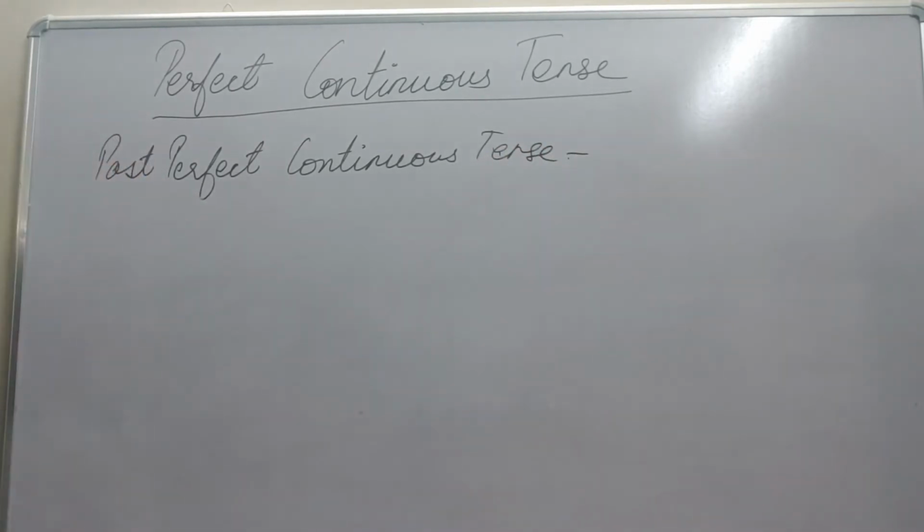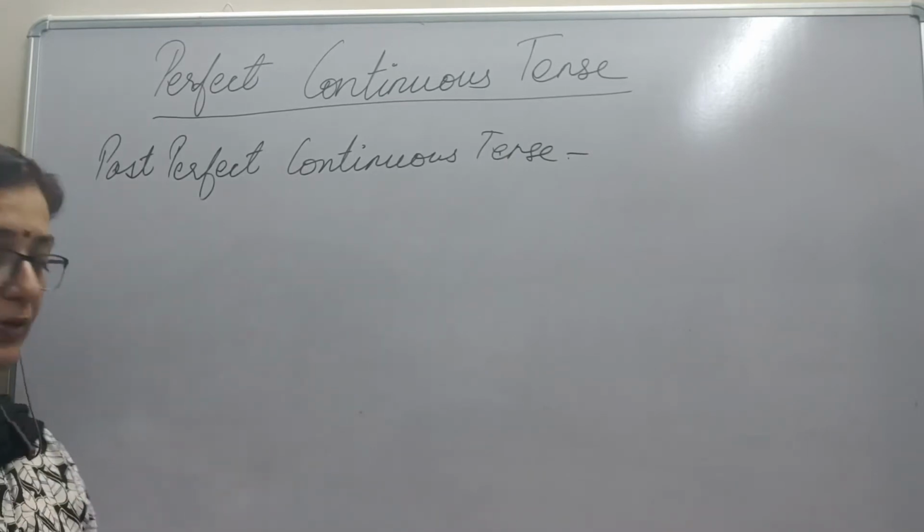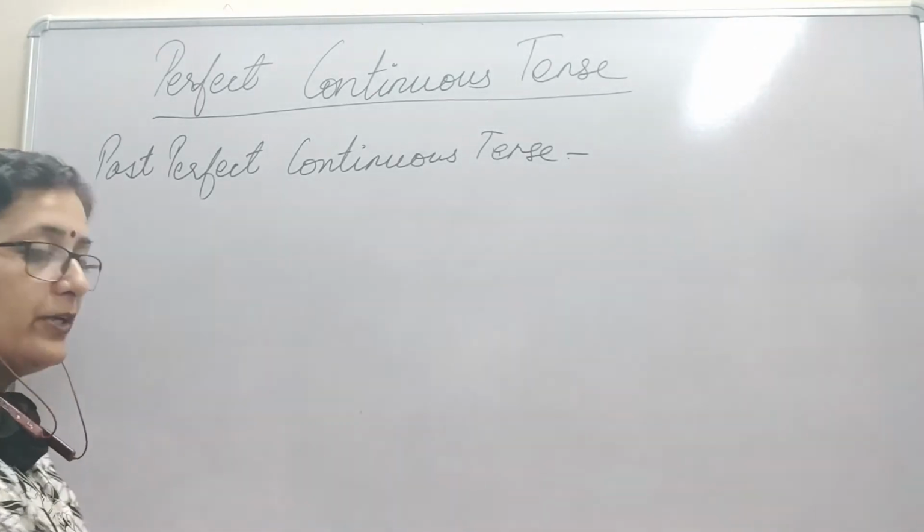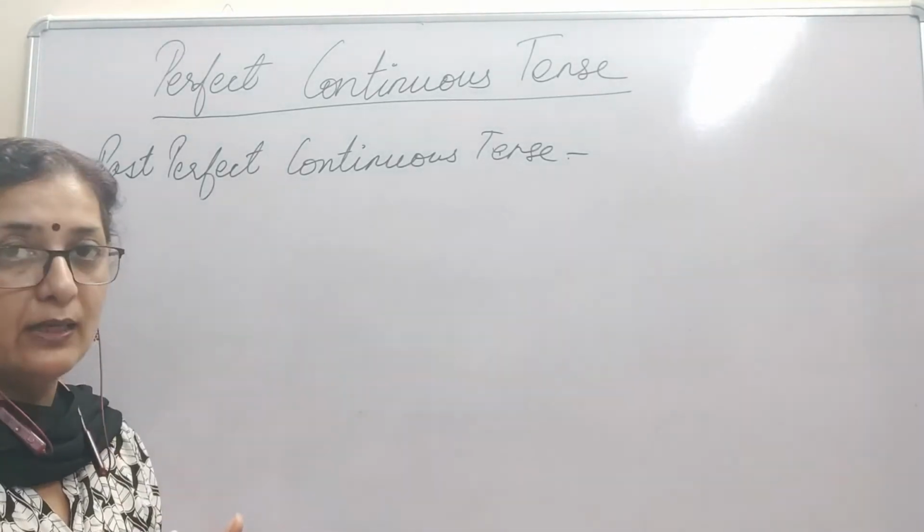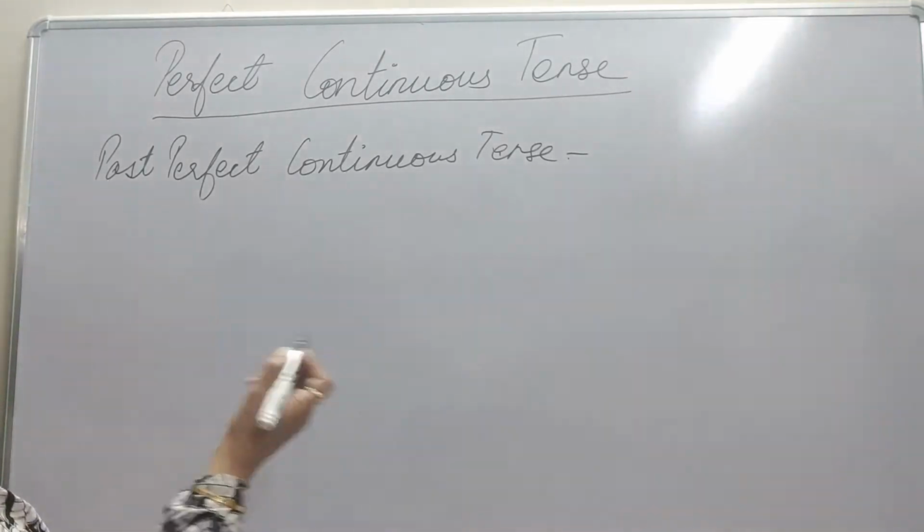Okay, my first example here. Even before that, let me just brief you with one little thing, which is the formula as I mentioned to you in my previous video.